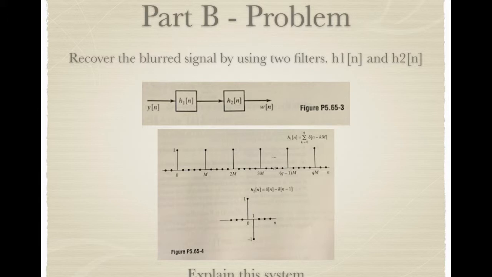So we have two filters, h1[n] and h2[n], shown in figure 5.65-4. h1[n] is the summation of δ[n minus kM] for k from 0 to Q, and h2[n] is δ[n minus 1]. So part B asks us to explain this system.